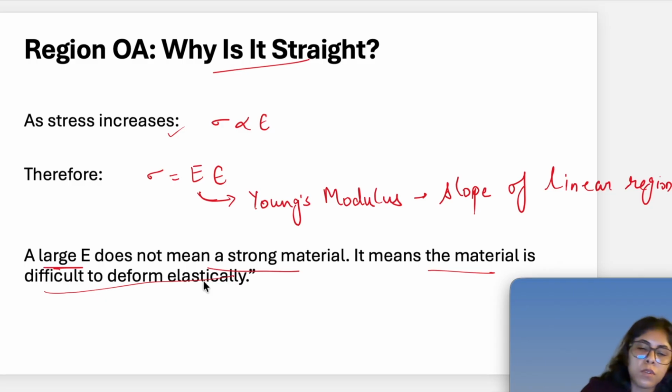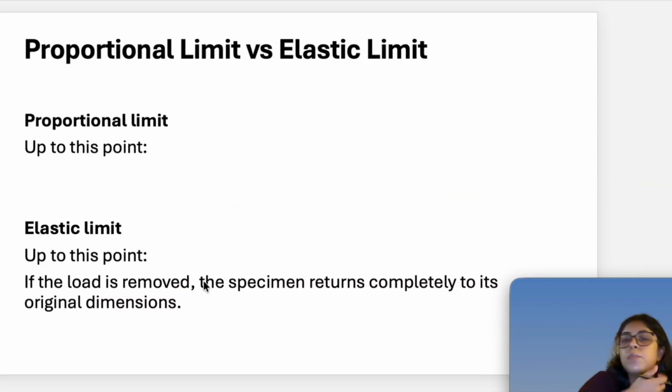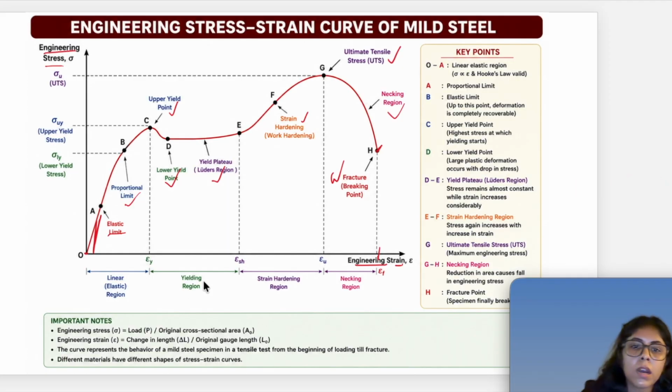Now let's move on to the next slide, which is proportionality limit versus elastic limit. In this graph, you can see this is the proportionality limit, and this is the elastic limit, right? Up to the OA region, it's directly proportional and elastic, but up to B, in region AB, it's still proportional, right? But it's not linearly proportional.